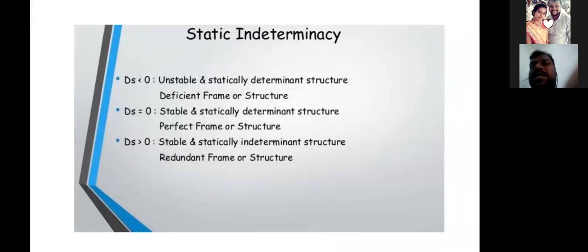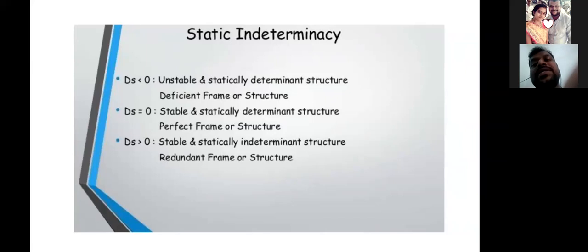I had listed static indeterminacy. When DS is zero, it is a stable, statically determinate structure, a perfect frame or structure. When DS is less than zero, there is a deficiency in the frame or structure, and it is unstable.